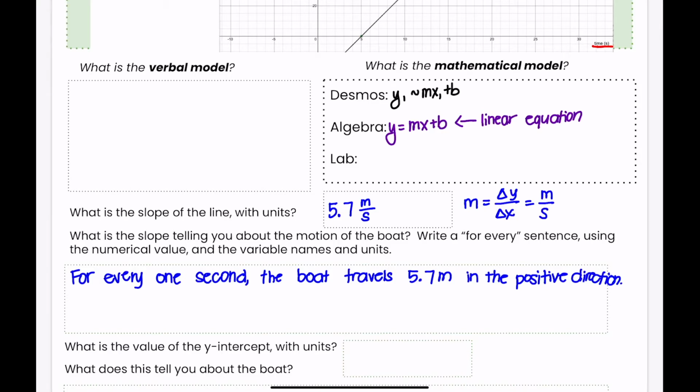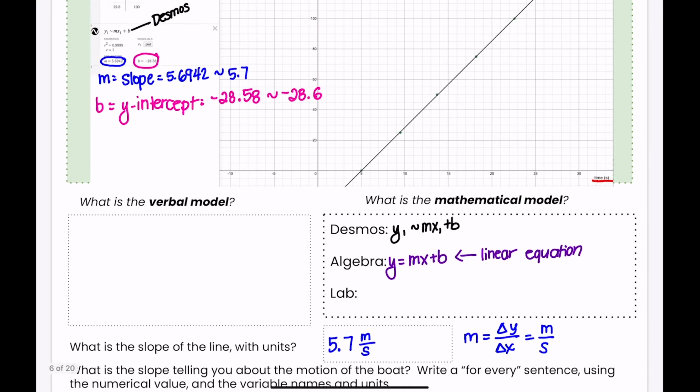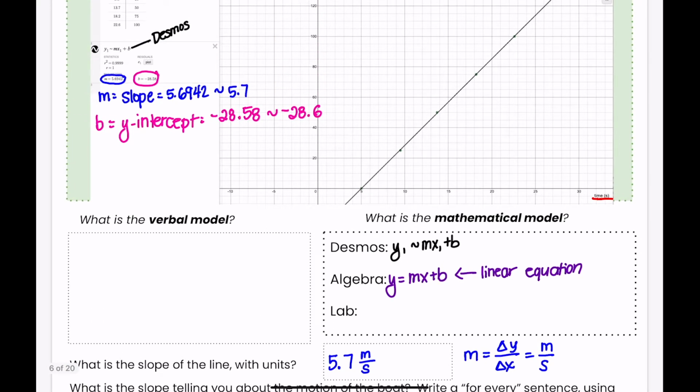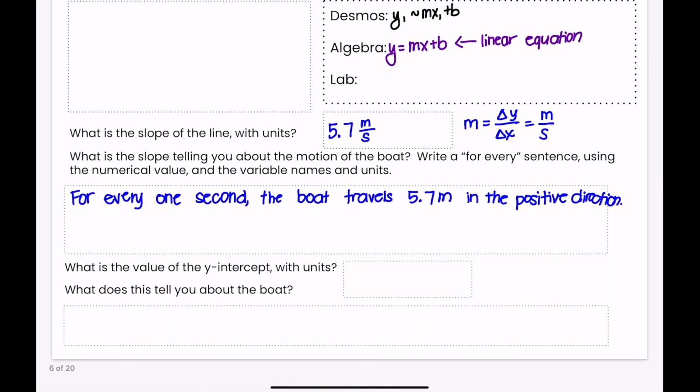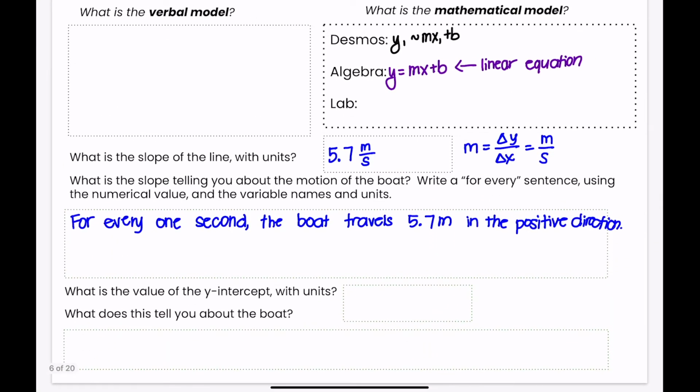All right, so now we'll go back to our y-intercept, which is negative 28.6. And y-intercept means the starting point, when x was equal to 0.